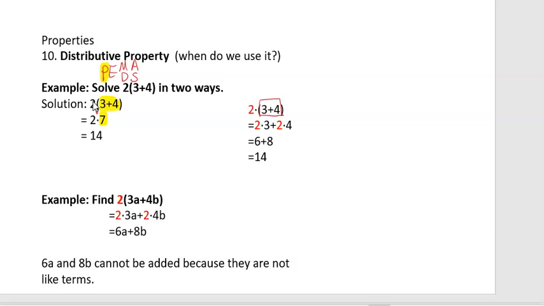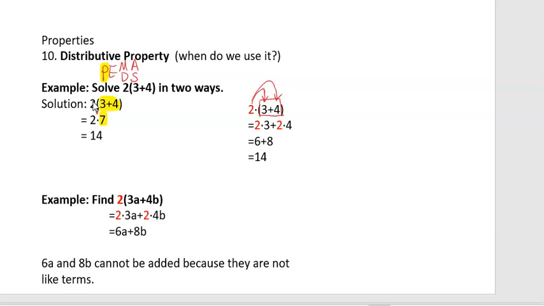So you're going to double everything in your box. How do we double everything in the box? We can double the first item, 2 times 3, and then double the second number in the box, 2 times 4.